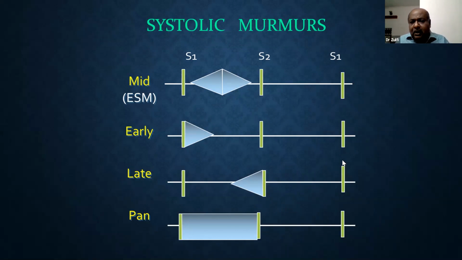Then you have an early systolic murmur which starts from the first heart sound, which we call an S1 coincident murmur. Then you have another murmur which only occurs late in systole, which is called a late systolic murmur. And of course, the very common pan-systolic murmur in a VSD. So there are 4 types of murmur: early, mid, late, and pan-systolic murmur.